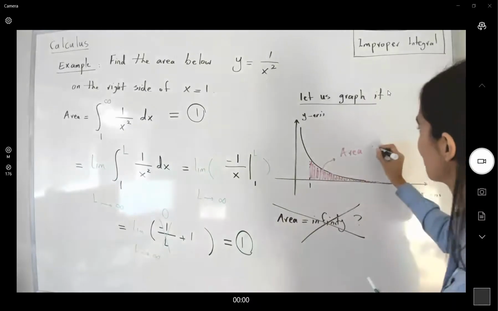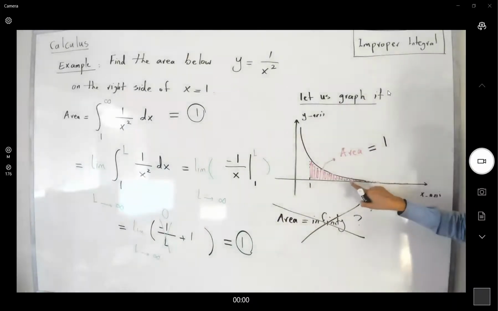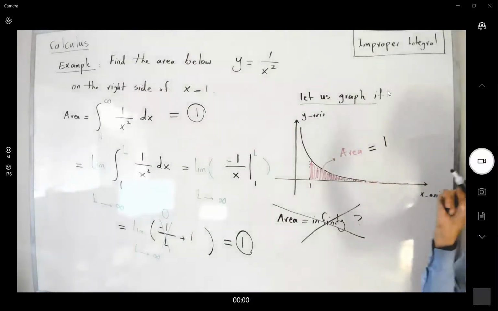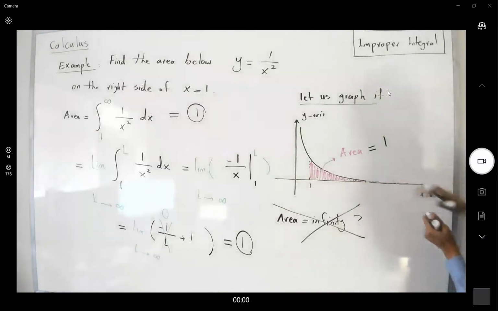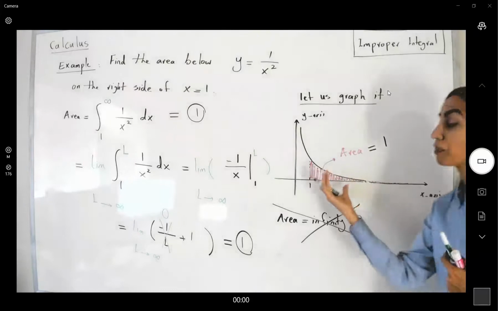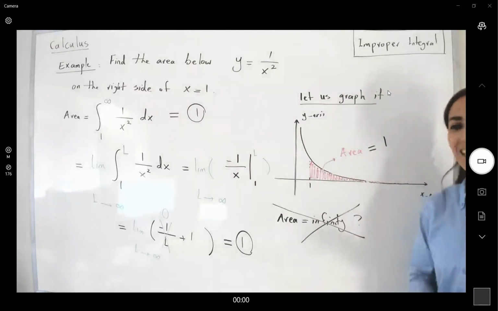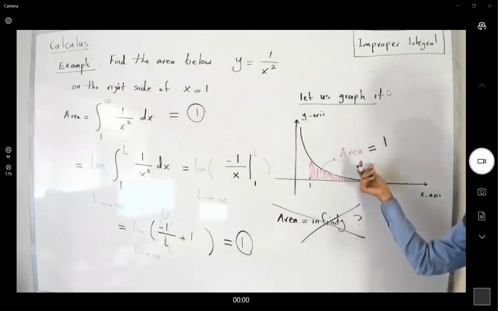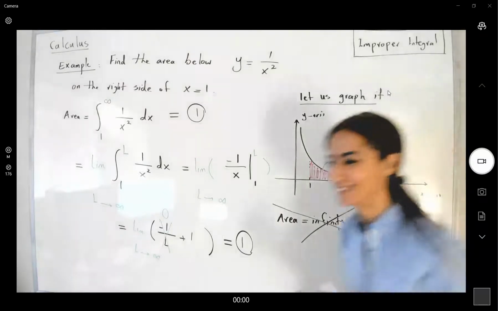Note that these little areas are getting smaller and smaller, approaching 0. So we expect this area to be a nice number, which calculation shows is equal to 1.